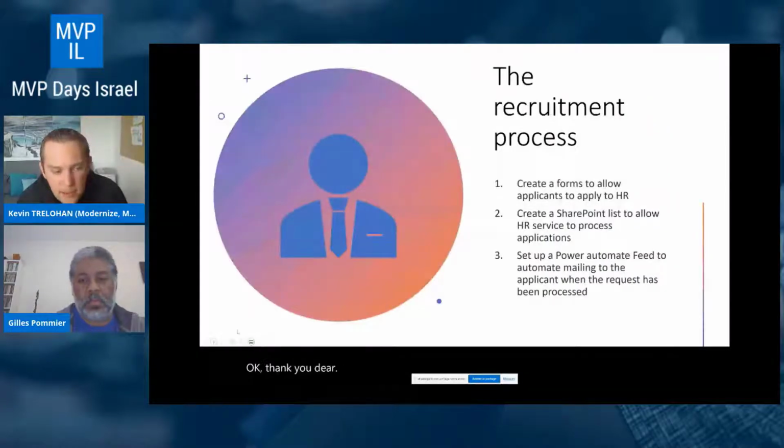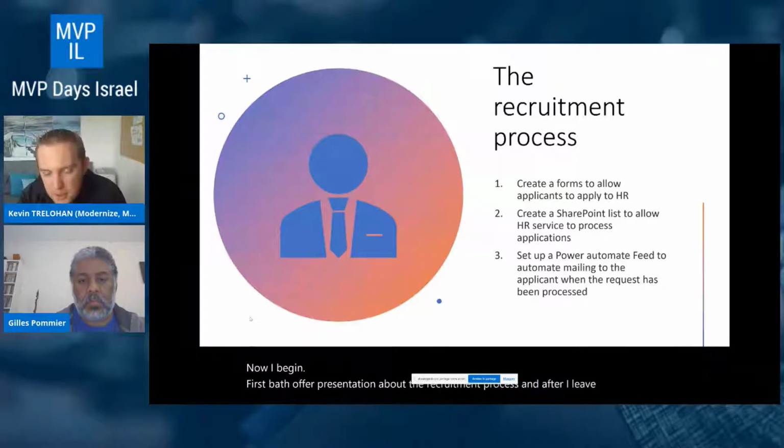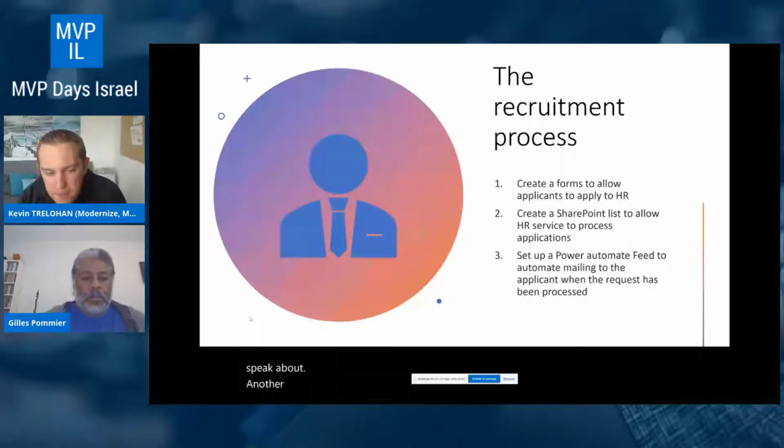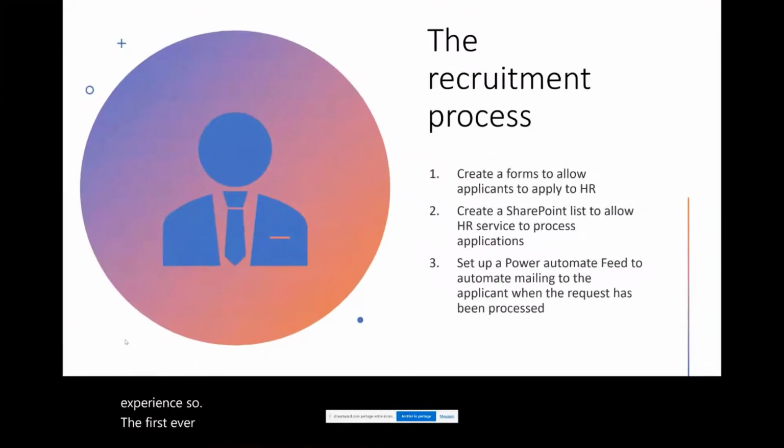Now I begin the first part of the presentation about the recruitment process, and after I leave the place to Gilles to speak about another experience. So first of all, when you want to create a recruitment process with automation, you have three steps.